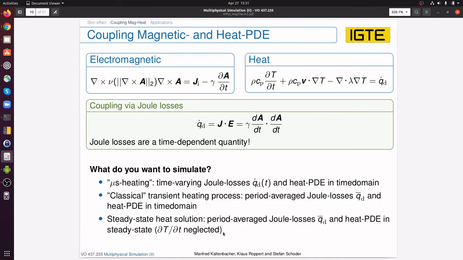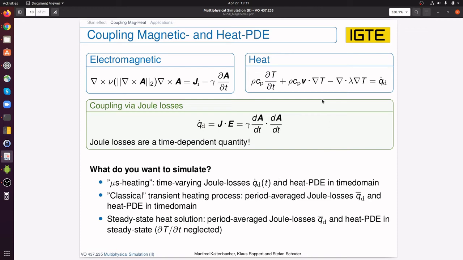But this is not always feasible, since who wants to simulate forever? So we want to know the steady state solution of this construct right away. Maybe you're not interested in transient effects.